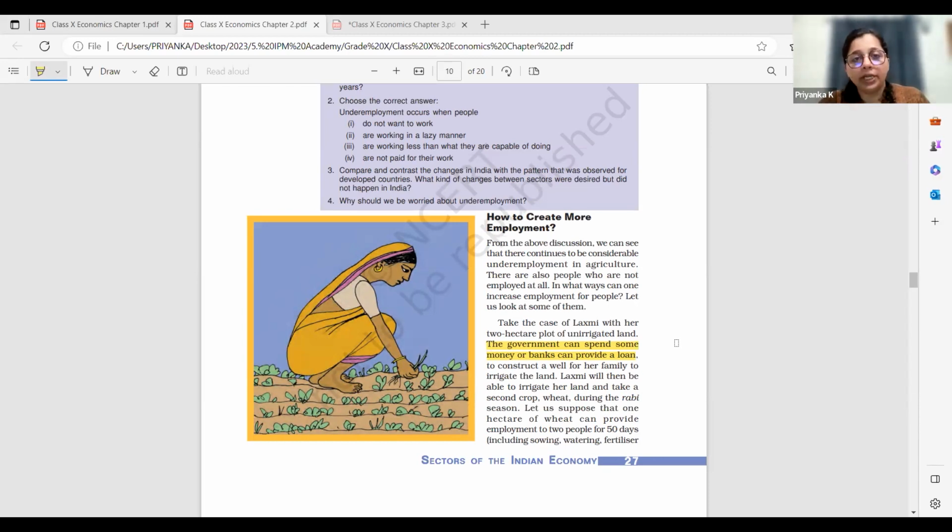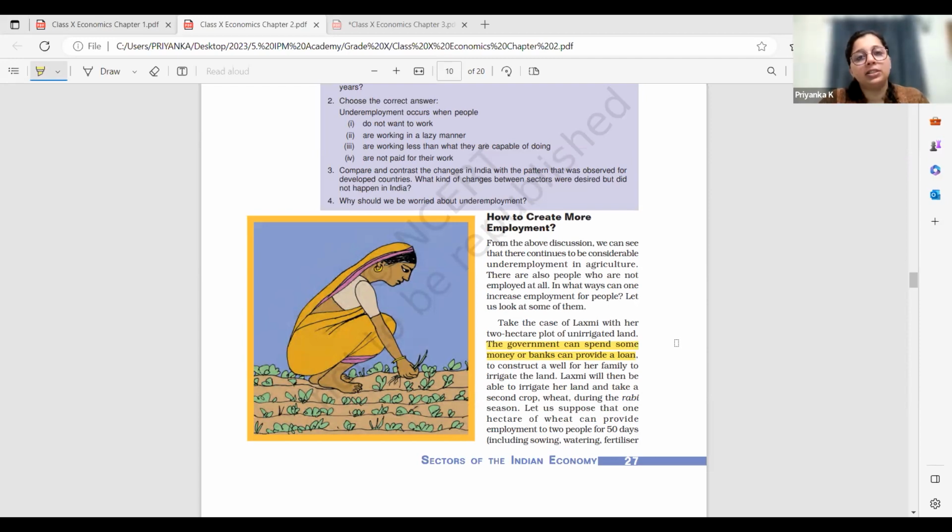And when the government is providing such facilities, it should also focus on giving them at a lower level of interest, because debt always comes with interest. Whenever there is a loan, there is an interest payment to be paid back. So when the government or the banking institutions give loans or credit facilities at a lower level of interest, people like Lakshmi can avail such facilities.